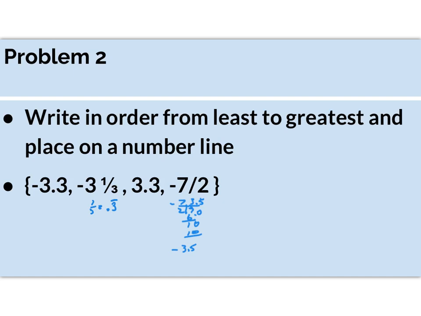Okay, so now that everything is a decimal, I forgot to put a number line in on this one for you. All right, so -3.5. Okay, so we got -3.5. That's the smallest one. And because this is 33 forever, -3 and 1/3 goes next.